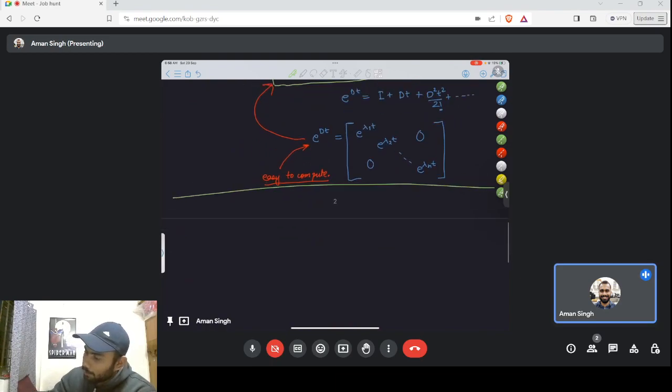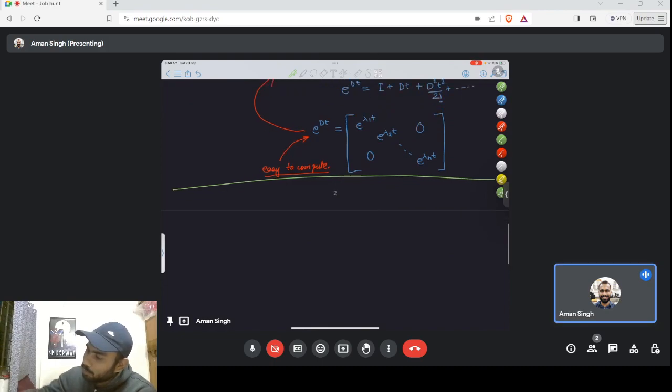So let's now try to find a relation between e to the power At and e to the power Dt.